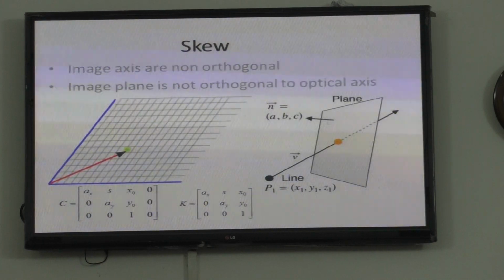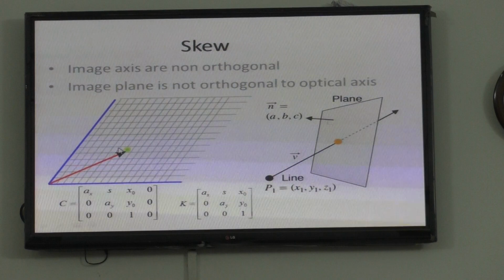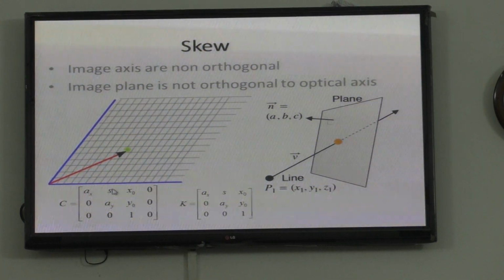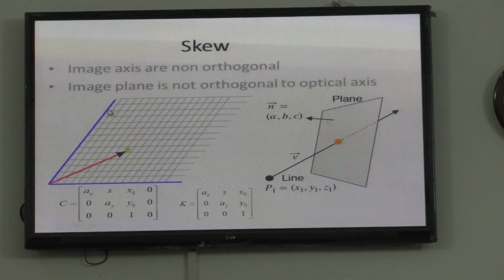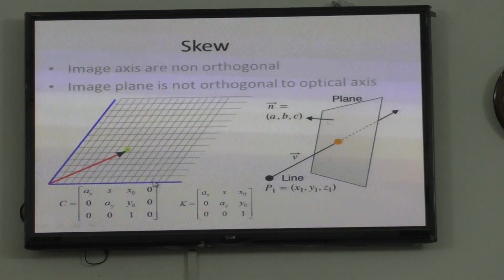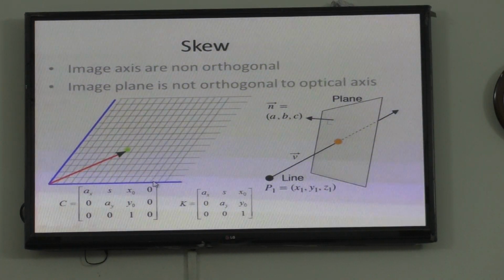And then, last thing, to achieve certain effects, might be distortion effects, might be special effects. If you allow your model to have this value non-zero, then one effect that it achieves is that the image is perceived as if the image plane axes were not orthogonal, or the image plane itself was not orthogonal to the optical axis.